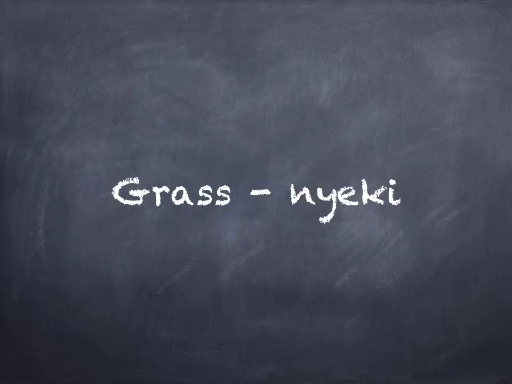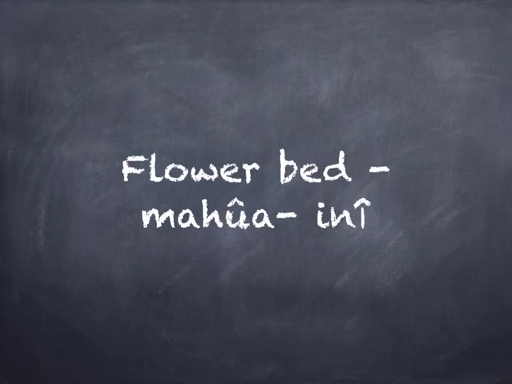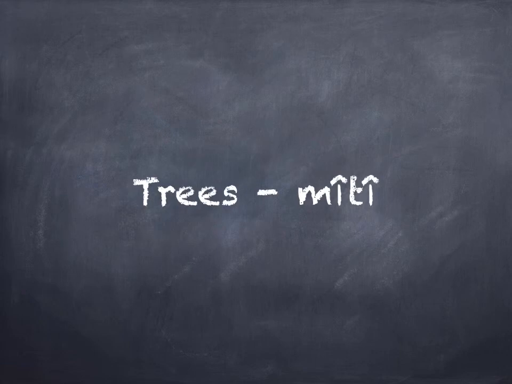There could be a portion with grass, which is known as nyeki. A flower bed which has mahua. Trees referred to as miti. And when it's just one, it's known as mûte.